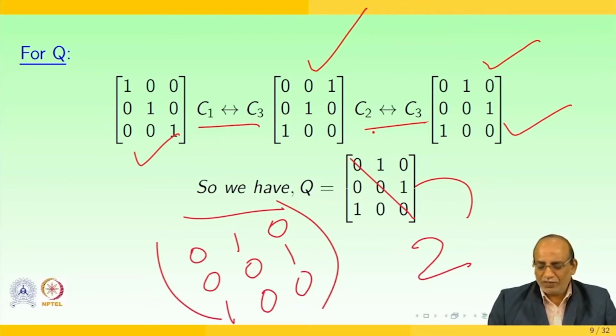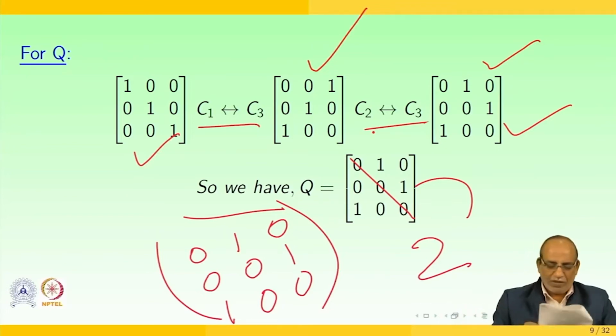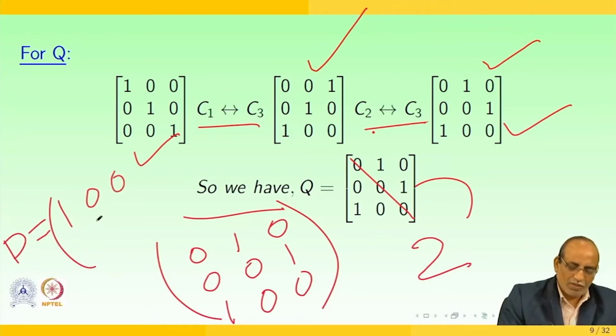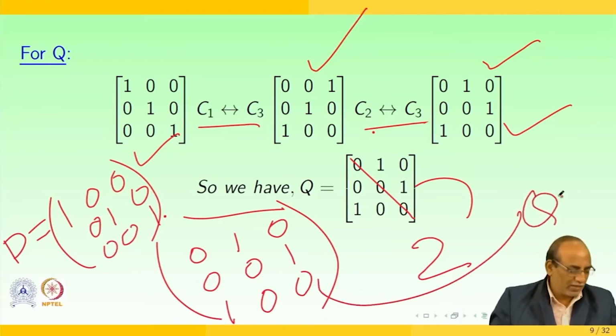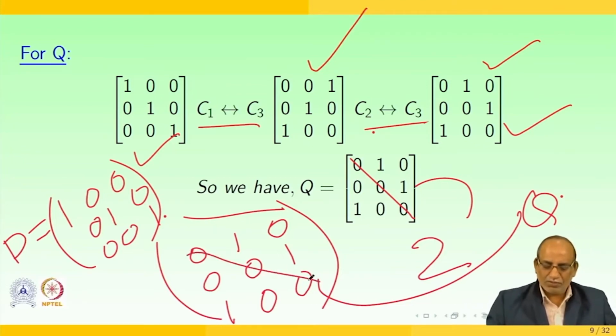The determinant of this matrix, 0 1 0, 0 0 1, 1 0 0, is nonzero. So when you apply this matrix Q, P is equal to 1 0 0, 0 1 0, 0 0 1, and Q is 0 1 0, 0 0 1, 1 0 0. In the main diagonal of Q, all entries are zeros.